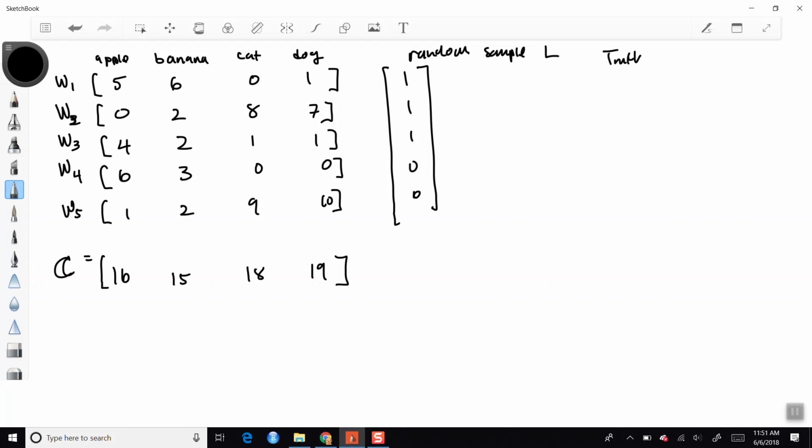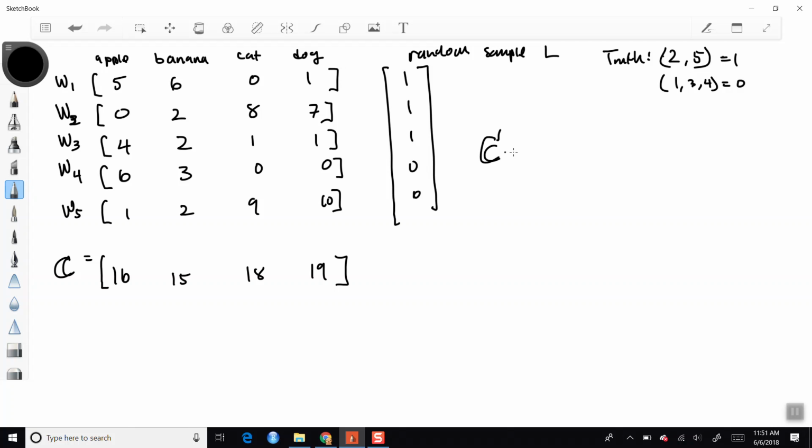So the truth is probably documents 2 and 5 are of class 1, and documents 1, 3, and 4 are of class 0. But let's say this is what we have.